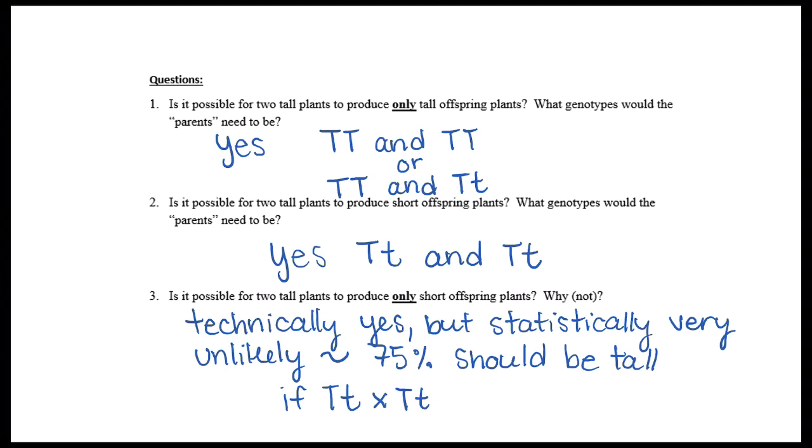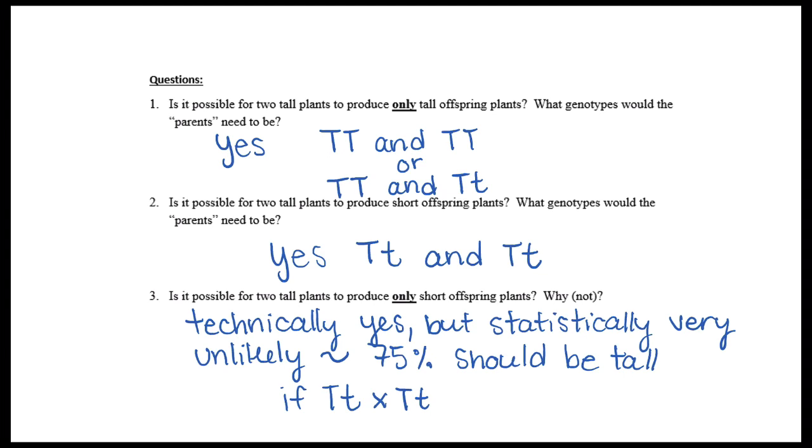Is it possible for two tall plants to produce only short offspring plants? Why or why not? So technically, yes, but statistically very unlikely. You could have extreme luck and get only the 25% recessive short from this particular cross, but it is statistically much more likely to have tall offspring because there is a 75% chance of that happening.